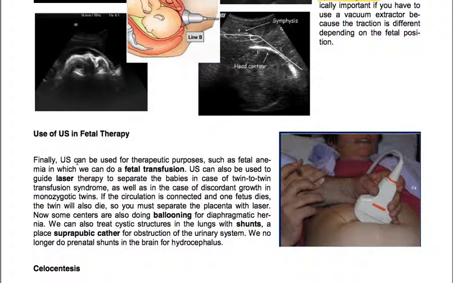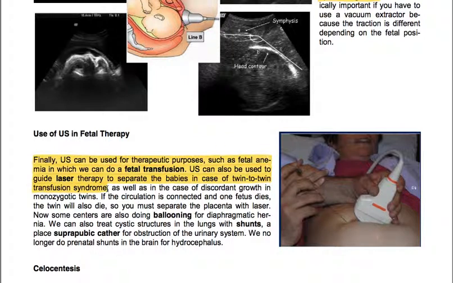Finally, ultrasound can be used for therapeutic purposes such as fetal anemia, in which we can do a fetal transfusion. Ultrasound can also be used to guide laser therapy to separate the babies in case of twin-to-twin transfusion syndrome, as well as in case of discordant growth in monozygotic twins.